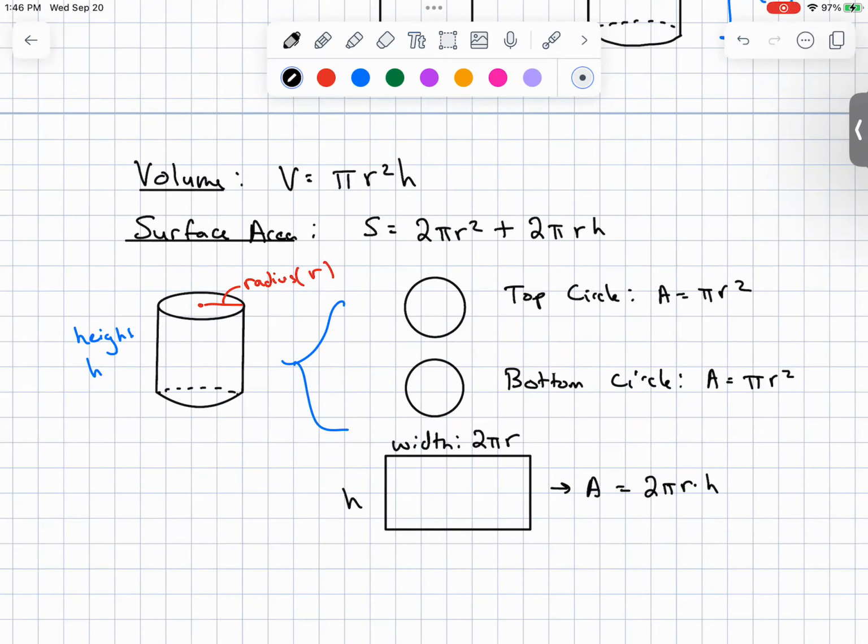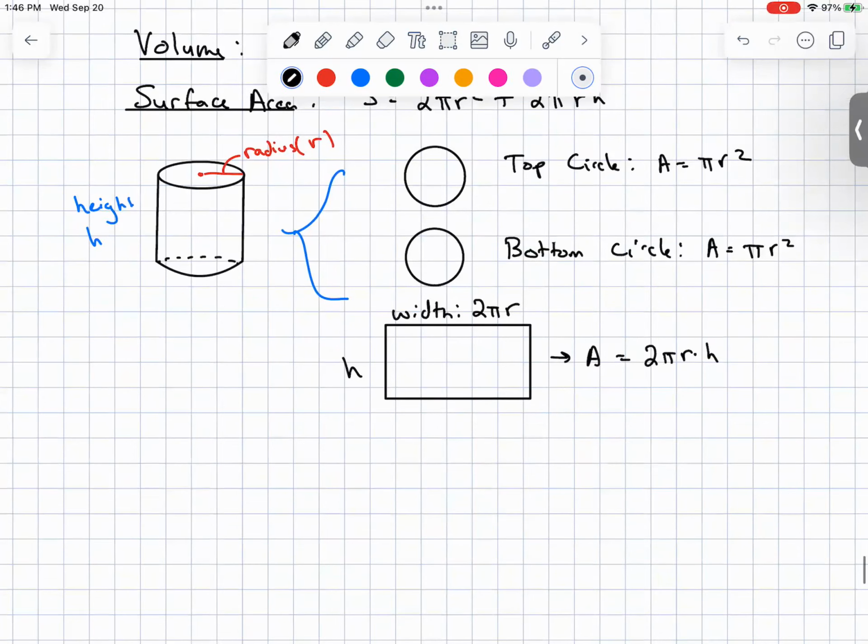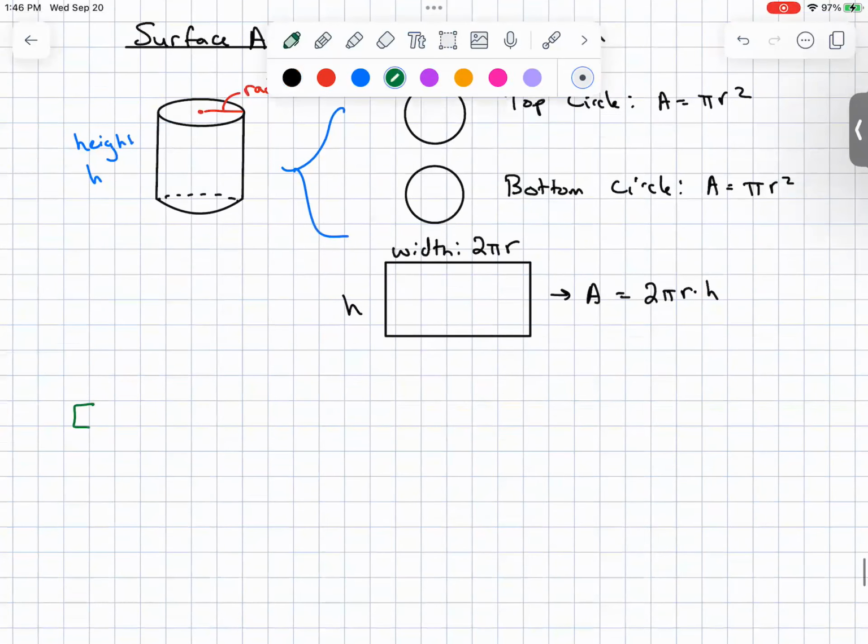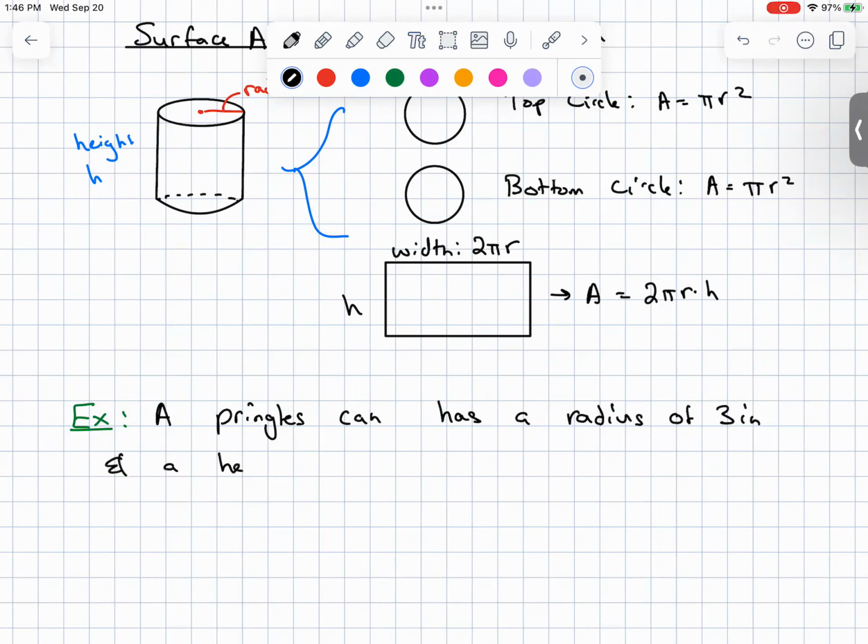So, enough time to do the last problem that I want to do here. A Pringles can has a radius that is too small for the average human hand, radius of 3 inches, and a height of 15 inches.